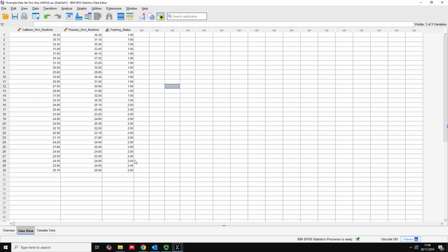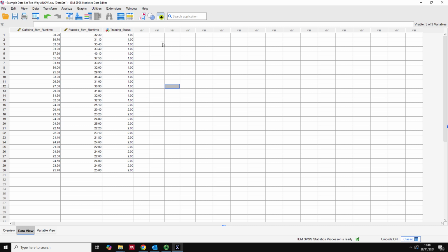So if we look at our data set, in the first column is the caffeine run time for the 5K in minutes for everyone who participated in the study. And we have the placebo run time in the second column, so when they just had a sugar pill and then did the 5K run.